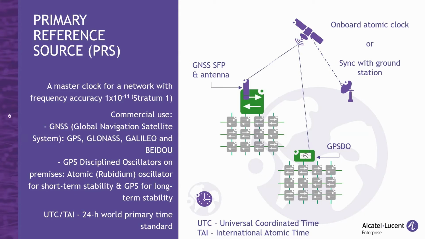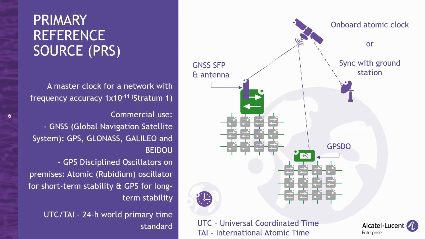In order to synchronize with the PRS coming from a satellite system, it is possible to deploy a GPS-disciplined oscillator on premises, acting as a grandmaster clock. While long-term stability is achieved through the satellite connection, the oscillator is needed for short-term stability in case satellite connection is temporarily lost.